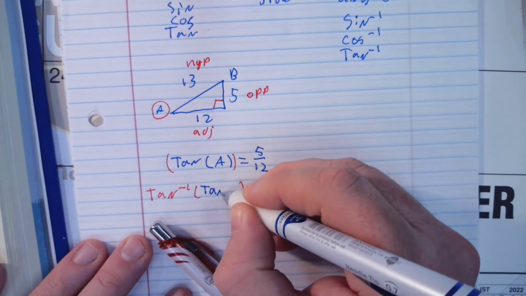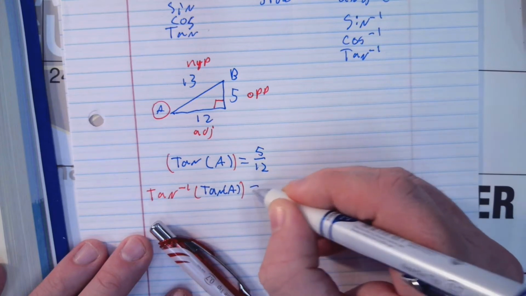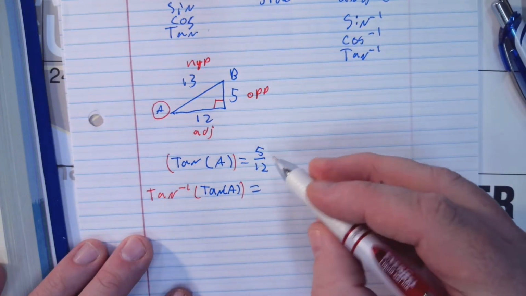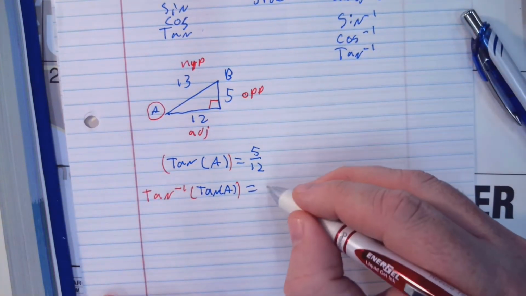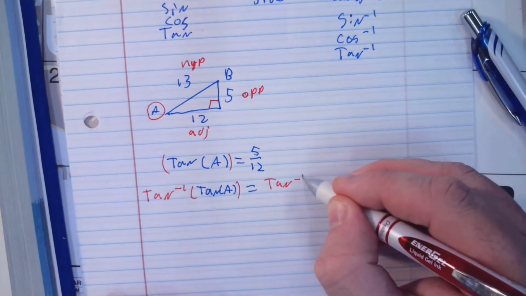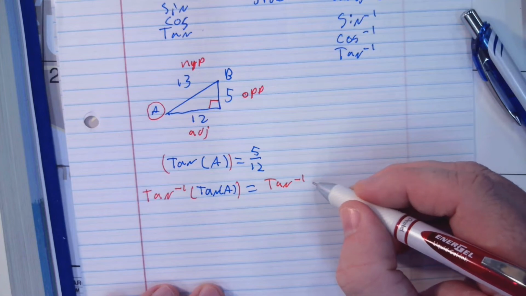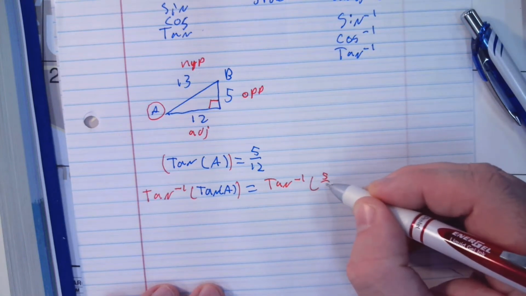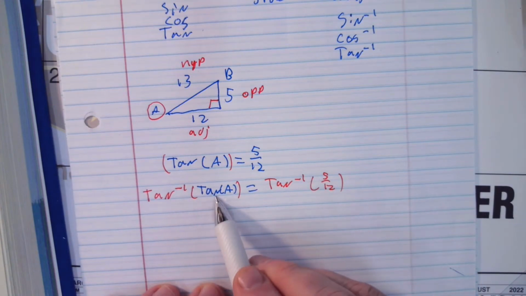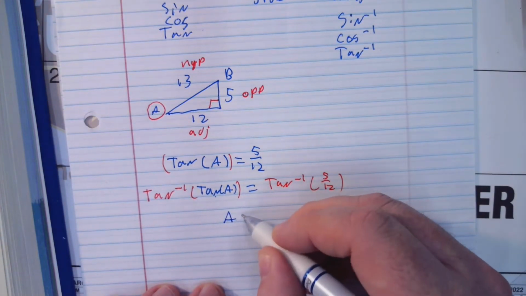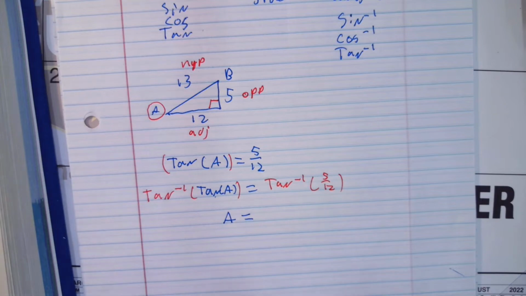You are probably not going to write this step all the time, but you do need to start with this and definitely do this. Okay. So basically the tangent cancels each other out. That's the purpose of inverse operations.